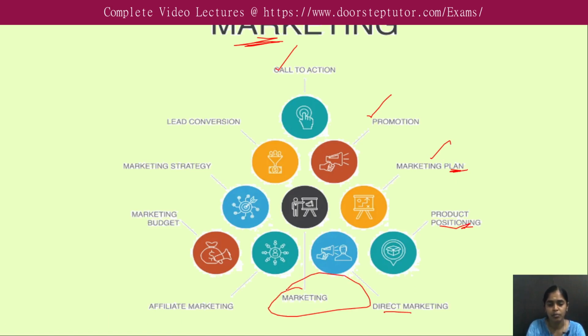So this is what marketing is. And affiliate marketing, budget, this is very important, marketing budget, and the strategy on which way you are going to achieve it. So everything comes under strategy, and lead conversion. All these functions will contribute to marketing.